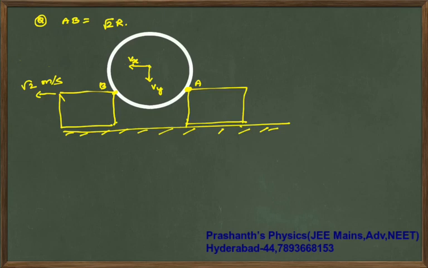This support is stationary, it is not free. One support is stationary, while the other is moving with root 2 meters per second as shown in the figure. Assume that the sphere is slipping at B and not slipping at A. At the instant shown, AB is equal to root 2r.